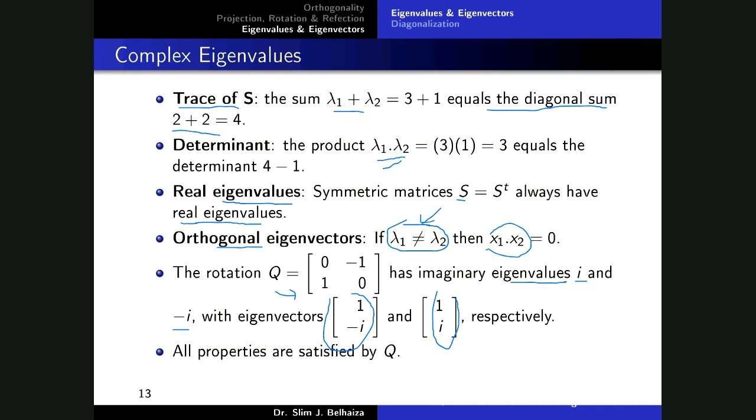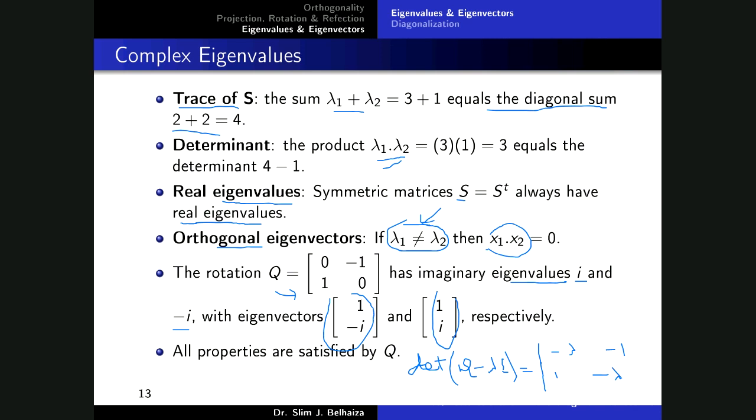So basically, when you're trying to find the determinant of Q minus lambda I here, you are seeking the determinant of this matrix. Very clear? Okay. So you get minus lambda, negative 1, 1, and minus lambda.